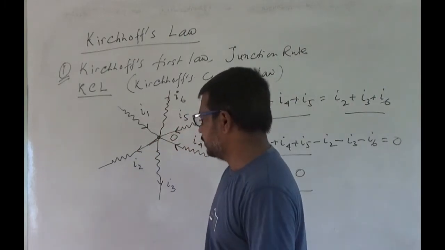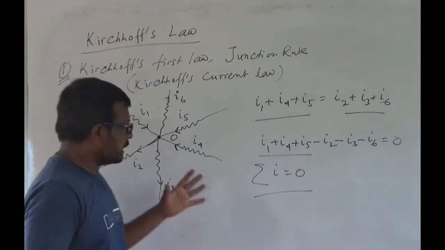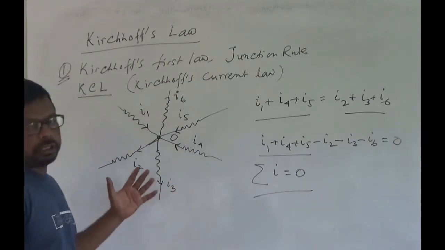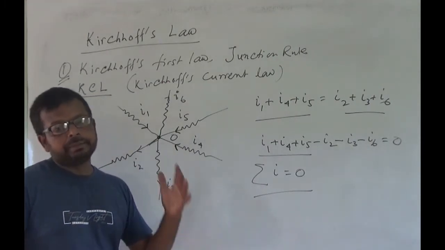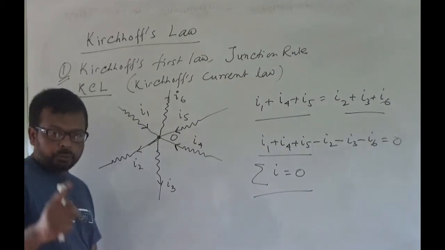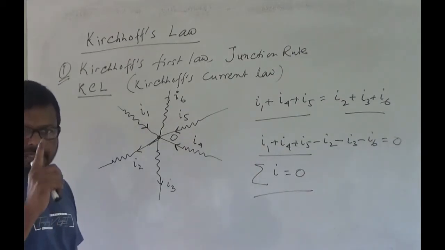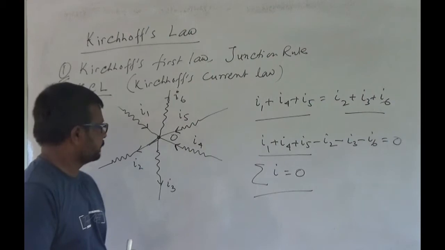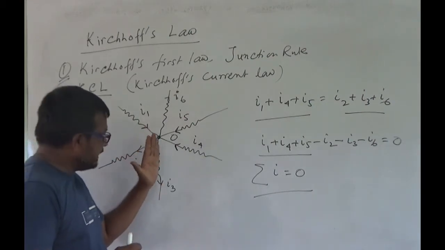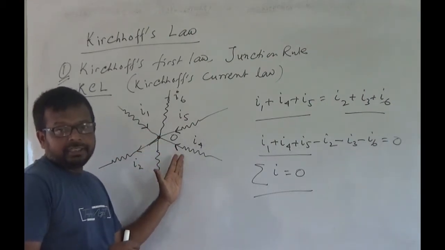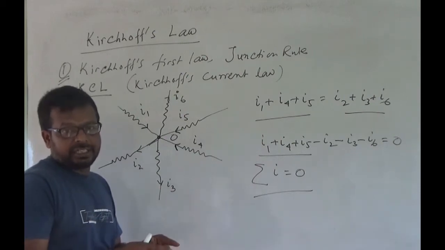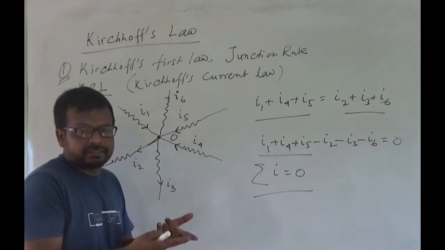So if the total current entering is not equal to the total current leaving, that means in unit time, charges entering the junction point are not equal to the charges leaving the junction.